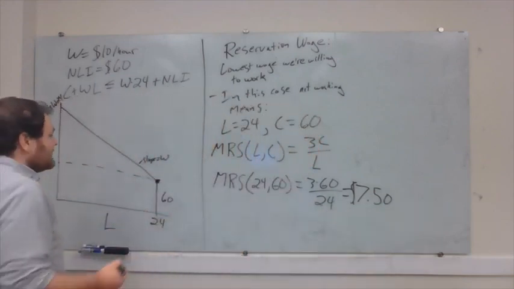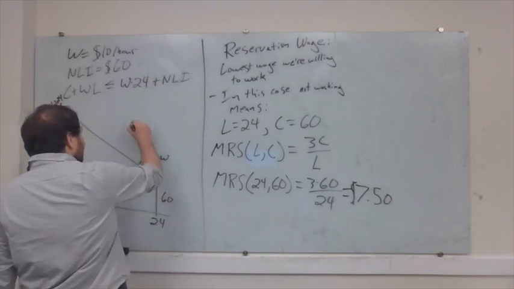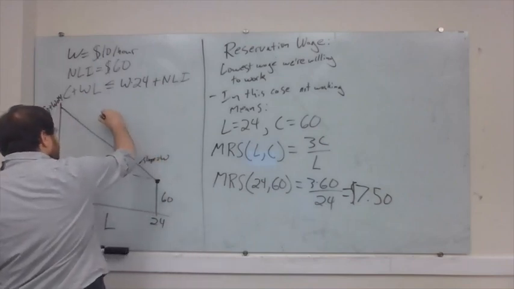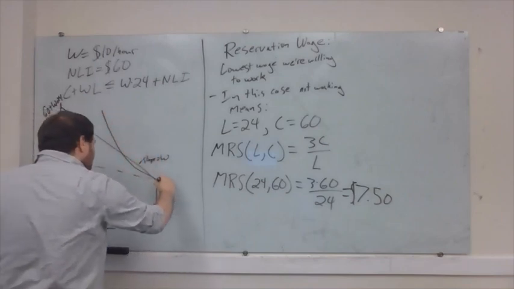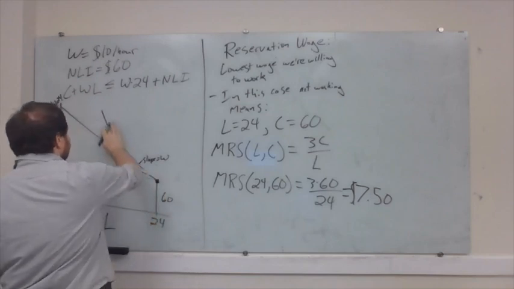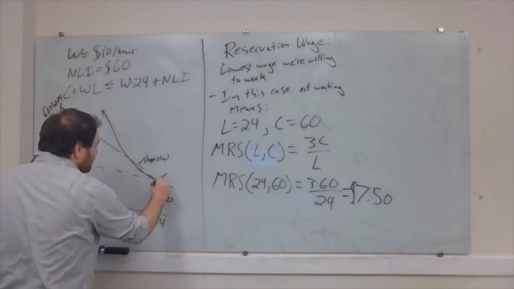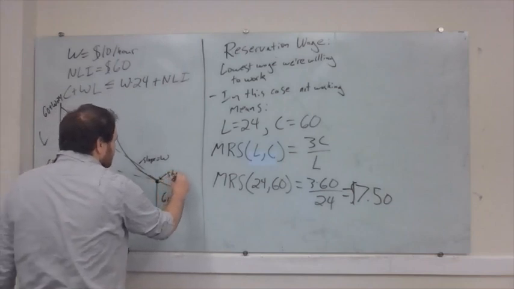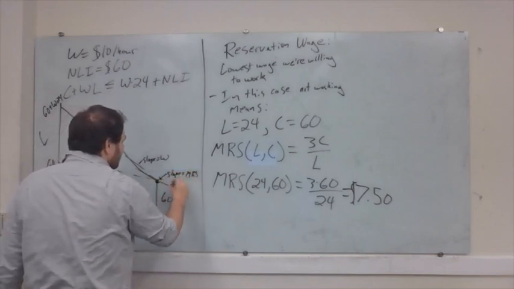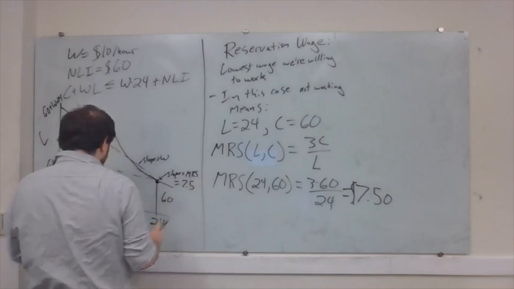Graphically, what this is going to mean is that the slope of our MRS at this point is equal to 7.5.